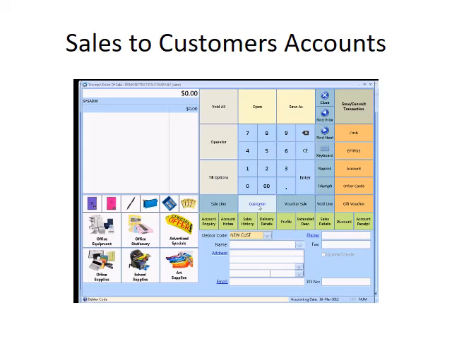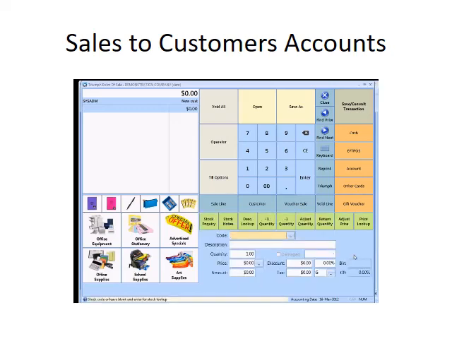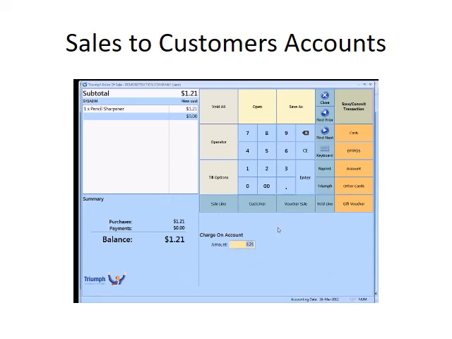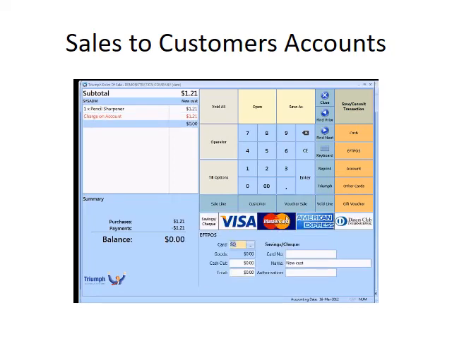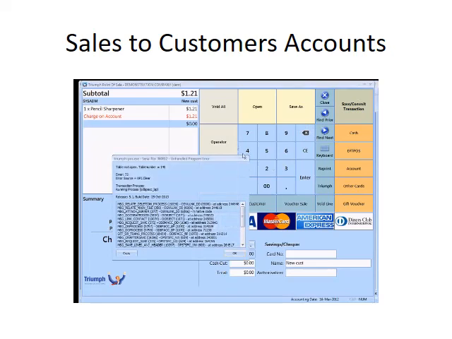So I can give them a new code called new customer, and based on my level of security I can put in his details, email information, phone, and then if I click on the update create, and tell him what he's buying and put it against his account, and process that.